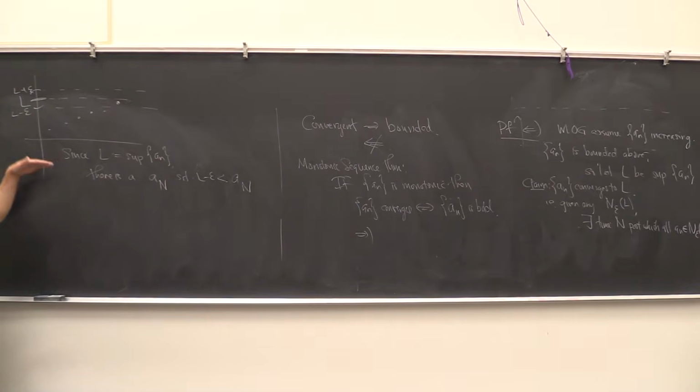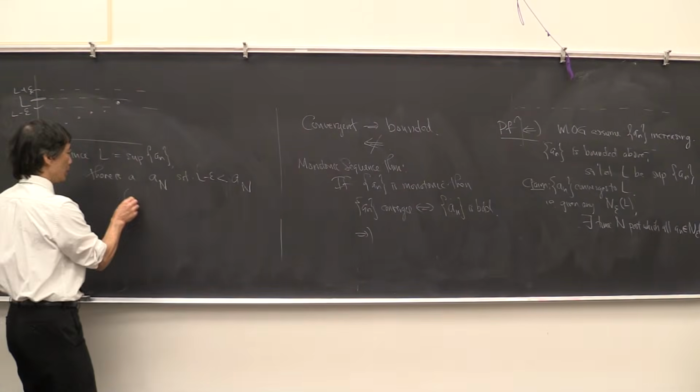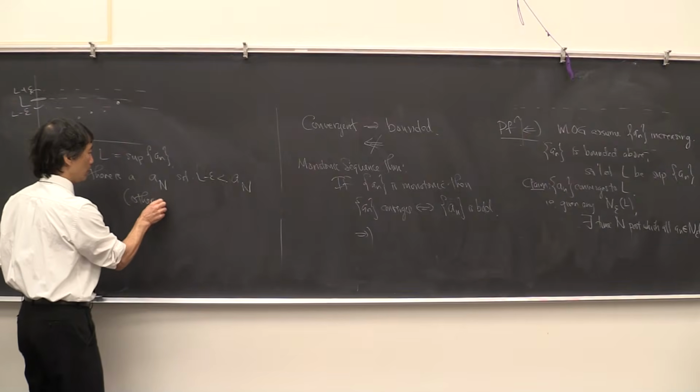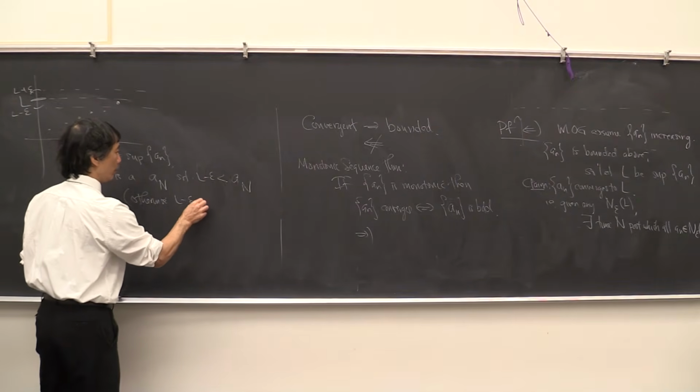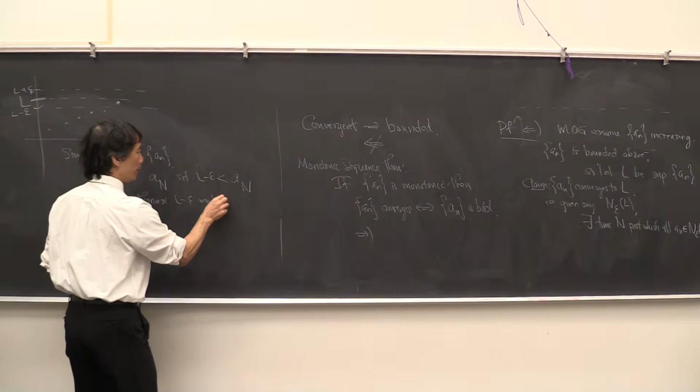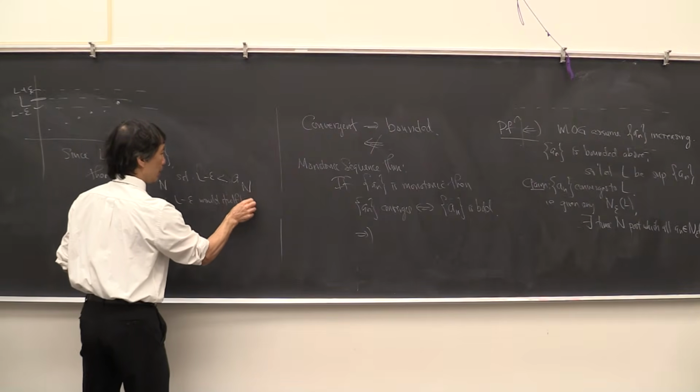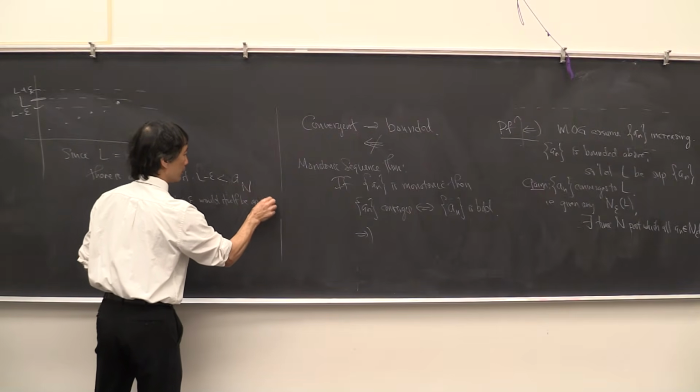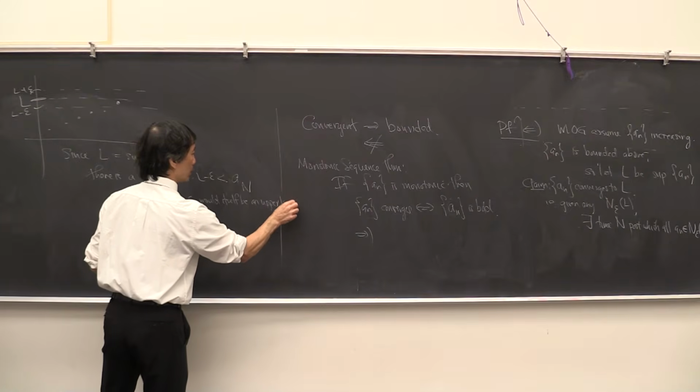Otherwise, L minus epsilon would itself be an upper bound.